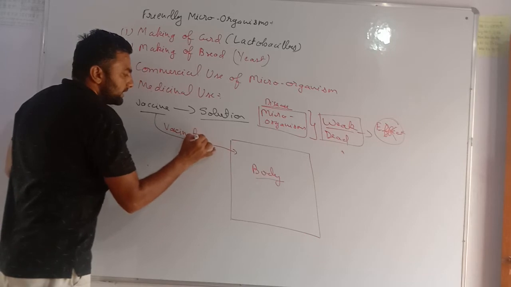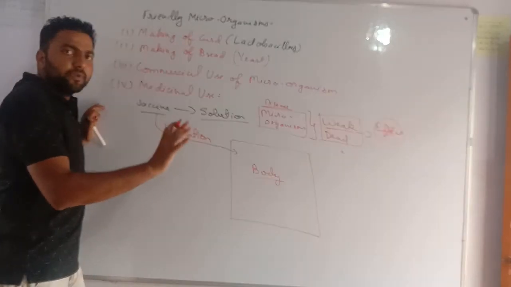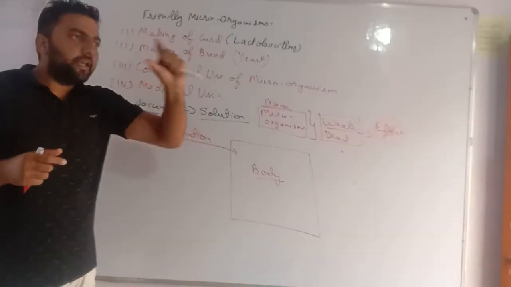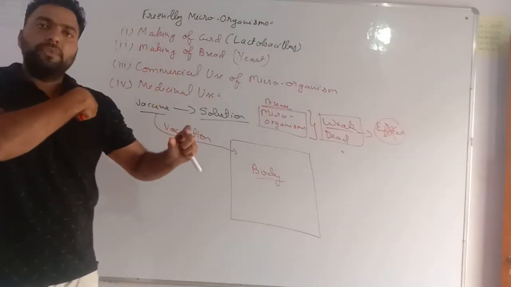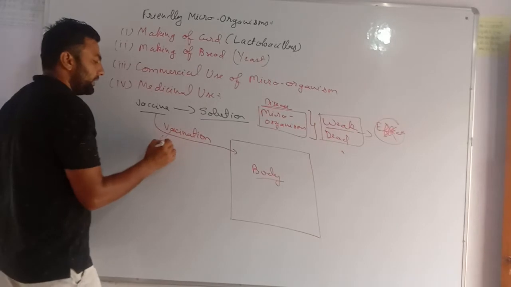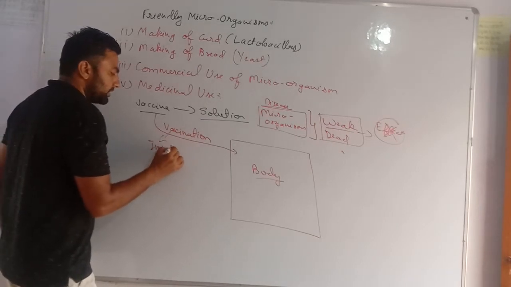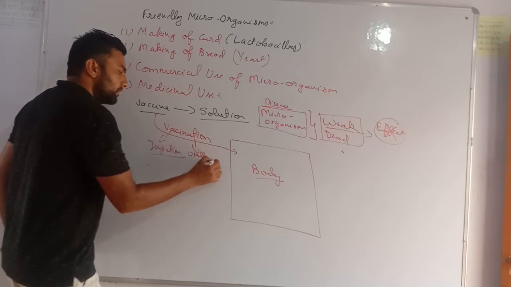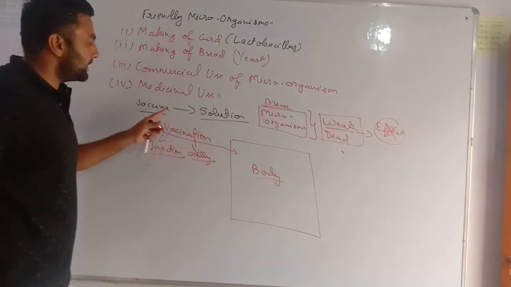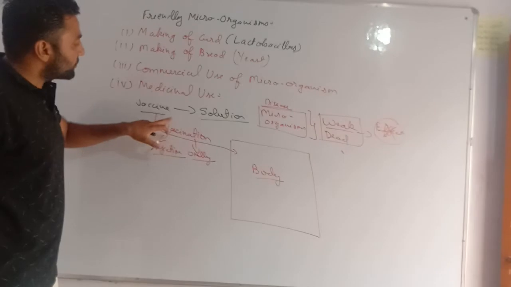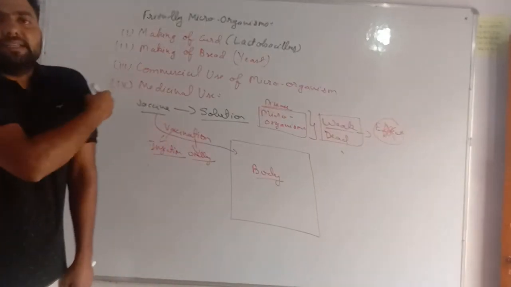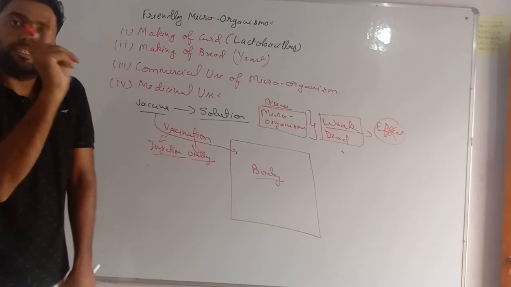Very important. Nowadays we are very familiar with this word. Vaccination is done by two methods: by injection or orally, that is by mouth. Polio drops are also a vaccine, given orally. And the coronavirus vaccine, for immunity, is given by injection.